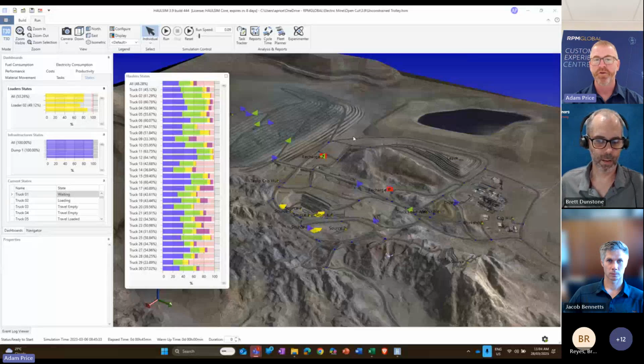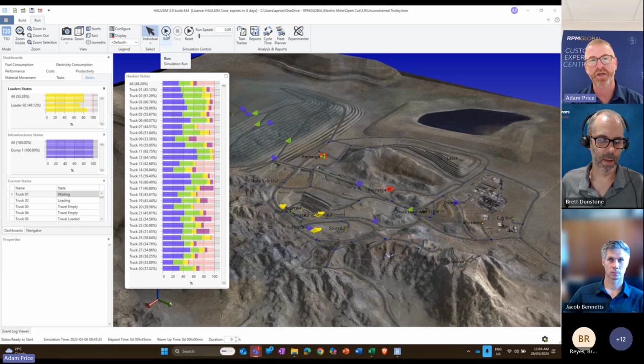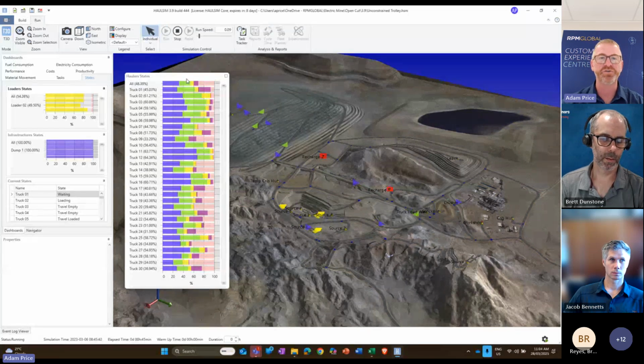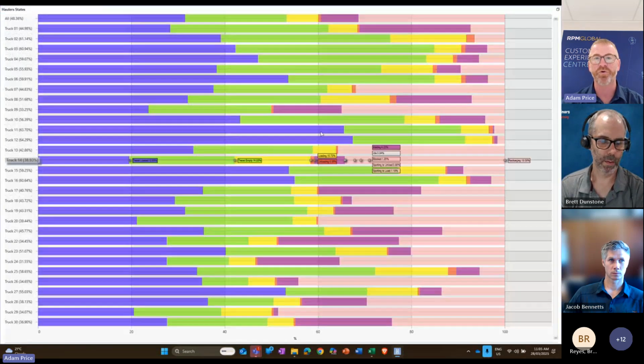Let's jump into the software. This is the simulation software that we wanted to run through today, the simulation software that we supply. It's called HaulSim. It's a discrete event simulation software product.